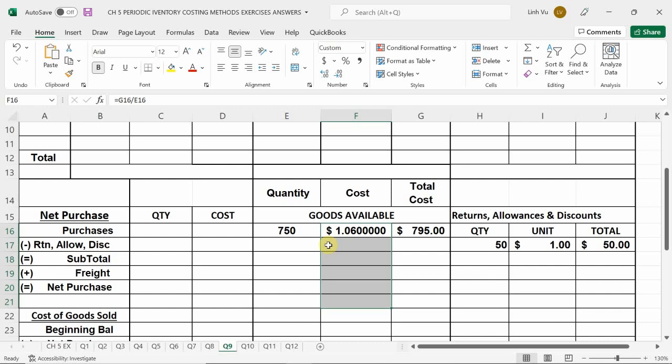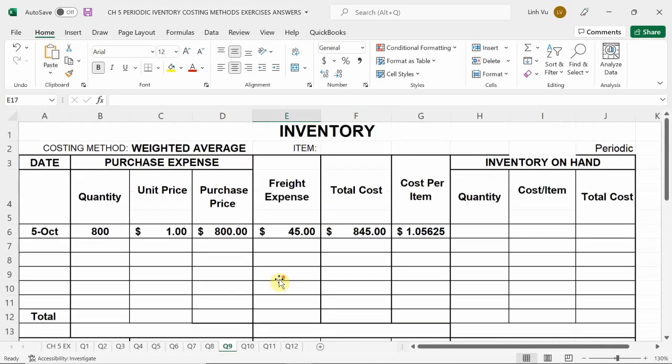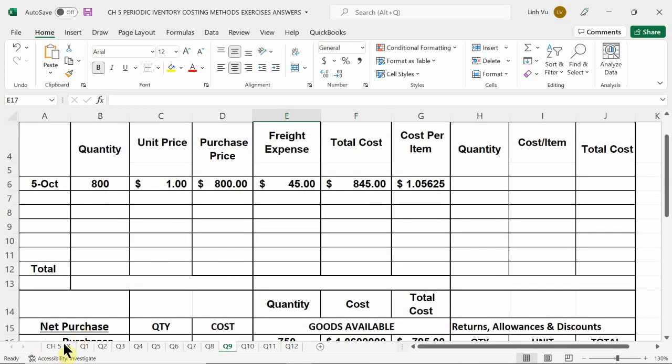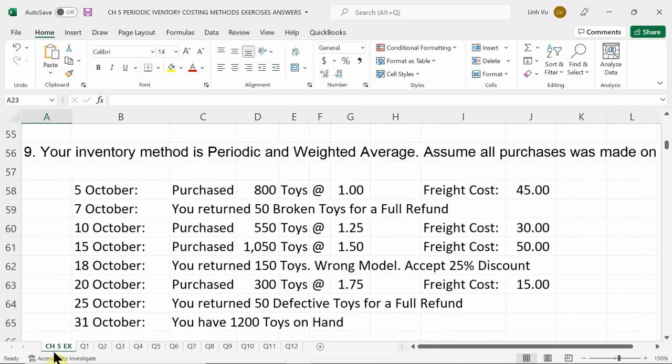So is it necessary to build a goods available table? No, because you make your purchases, you make your returns, and you figure out how much your total goods available is. If you solve for that already, then you don't need to build your table. But I'm going to do it for this first example, and then in the next example, we'll get rid of it. That's our very first batch. Let's see what happened next.